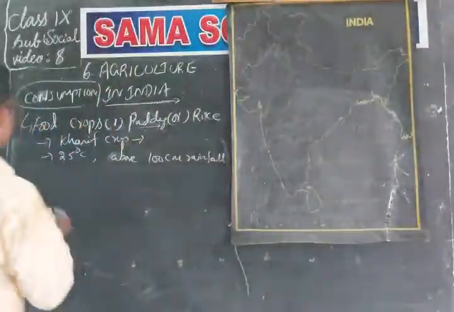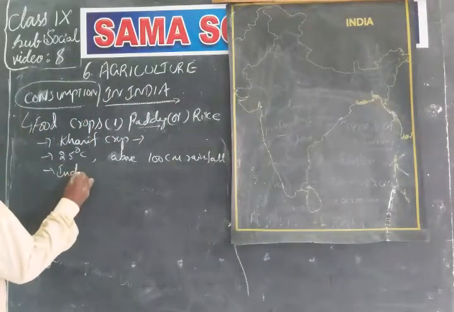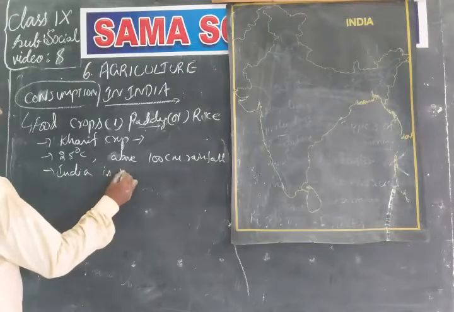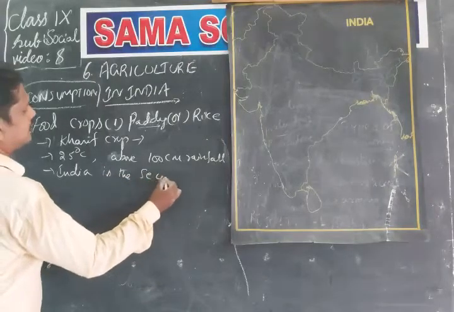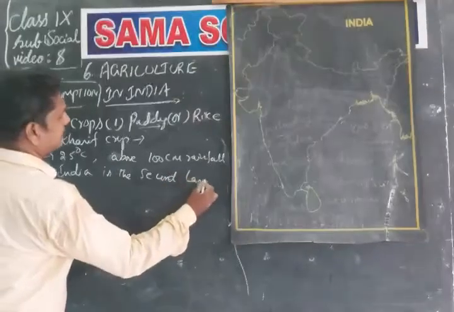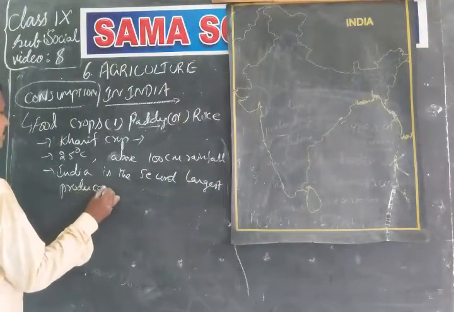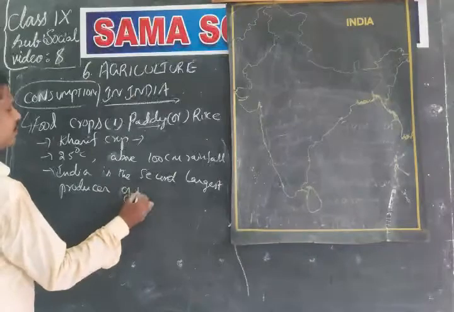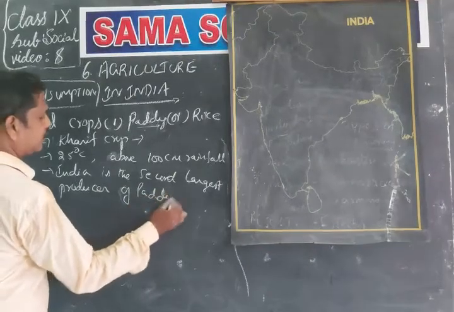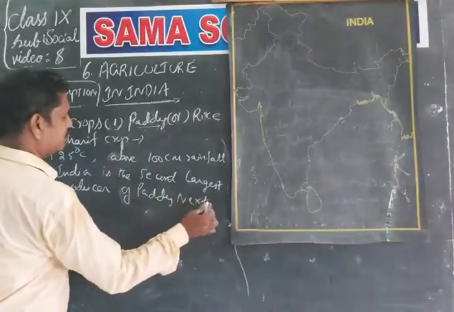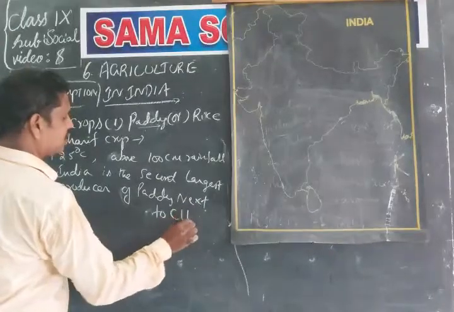India is the second largest producer of paddy next to China. China is the first place.